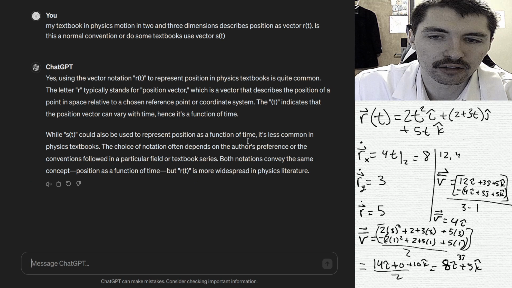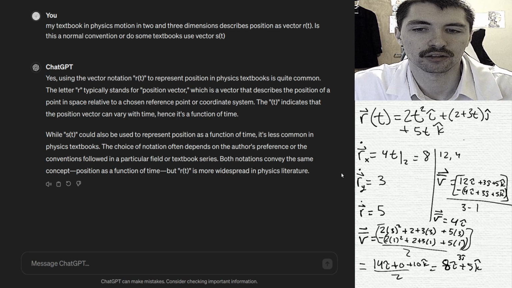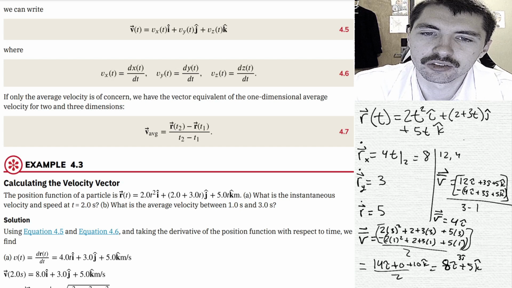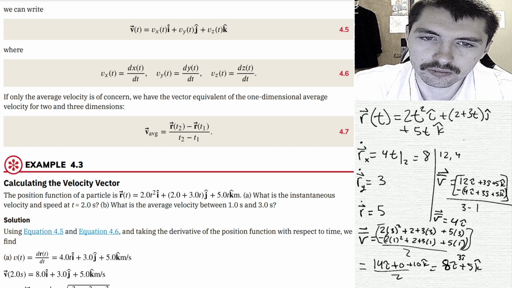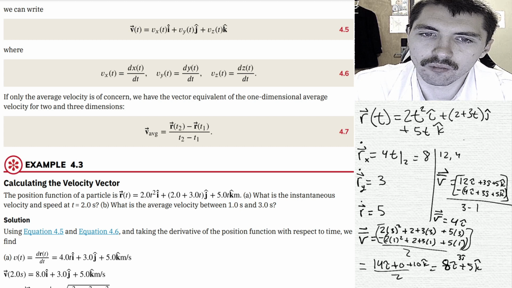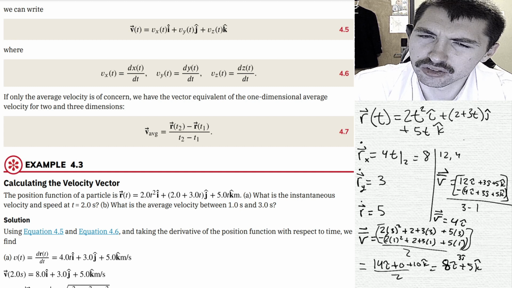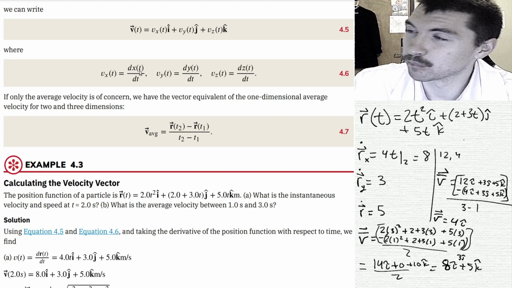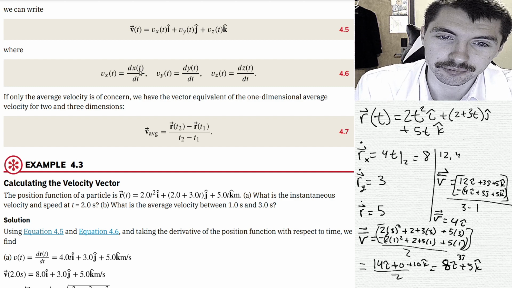S is less common. Okay. R of t is more common in physics. So if that's the case, I wish they would have just kept it in the earlier chapters, because in the early chapters, they have position function as x. Obviously, that gets confusing when you're taking the derivative.